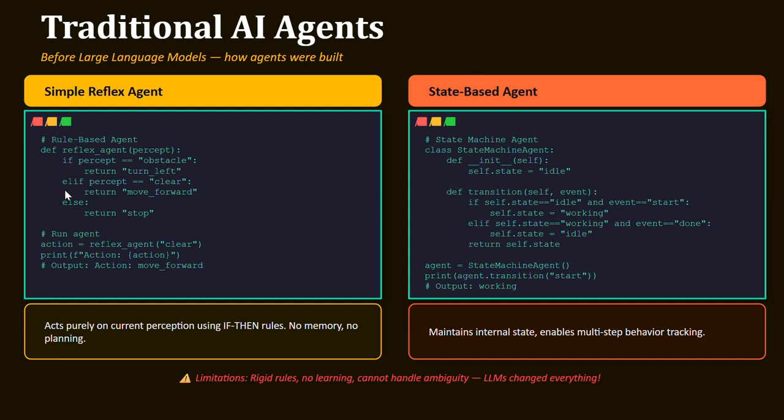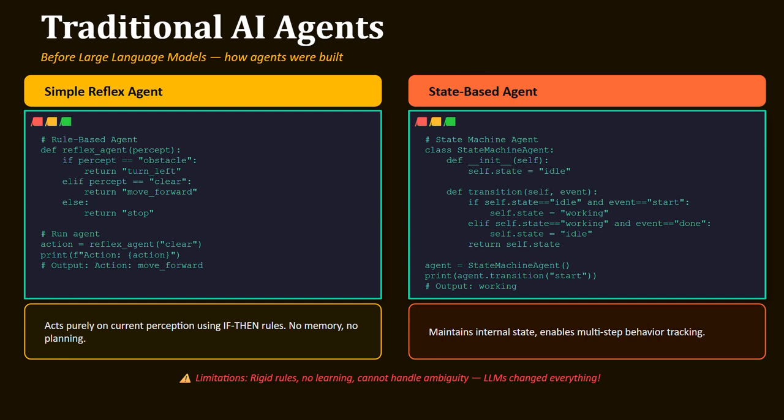If you look, there is an if-else condition, and the agent takes an action. Means it acts purely on current perception using if-then rules, with no memory and no planning for the simple reflex agent. And the state-based agent maintains internal state, enabling multi-step behavior.